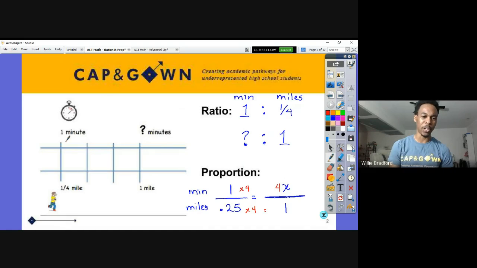And if I look at my chart here, if it takes me 1 minute here, and this is 2 minutes, and that's 3 minutes, well, this must be 4 minutes to equal the 1 mile. I can do the same thing here. A quarter mile to get to 1 mile, I just multiply this by 4 and do the same thing here. That gives me 4 miles.